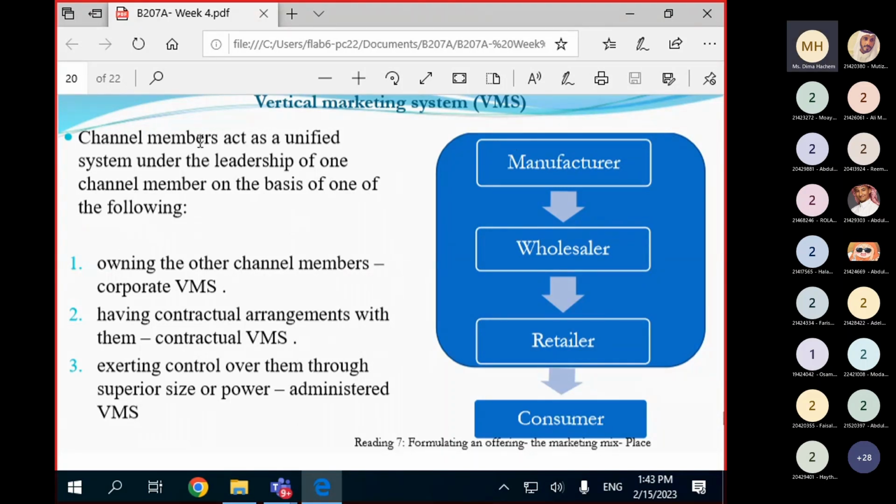So these channel members will act in a unified way, as one entity, as one company, and it will have more power in this case to put the rules that it wants. So from one side, it's good because maybe it will be saving on costs, but from the other side, it might not be a great idea because it will have more control on the other players in the market.